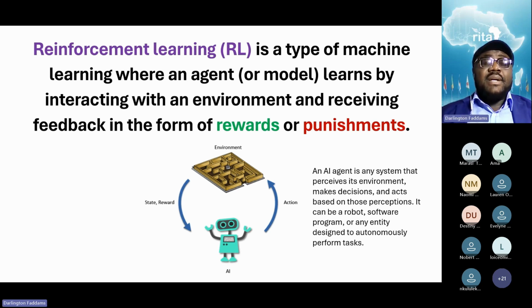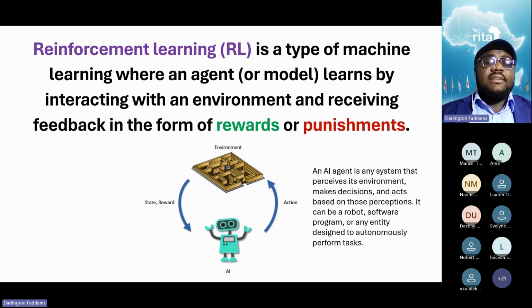In the field of machine learning, there is a type where a model can be given an environment to operate in and the ability to perform tasks. This agent is able to learn its environment and make decisions based on how it perceives the environment.